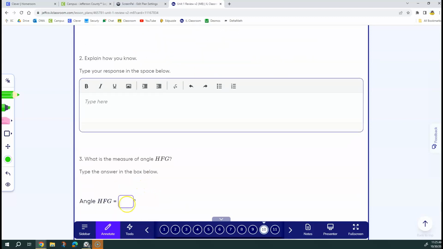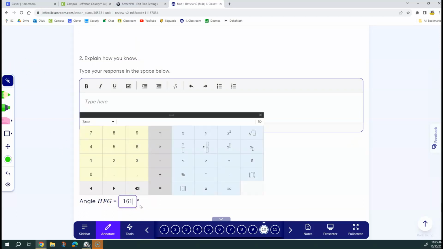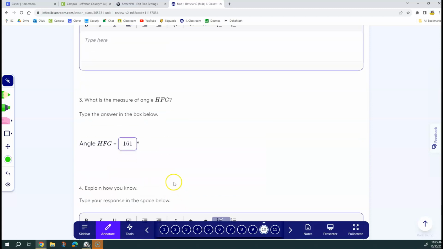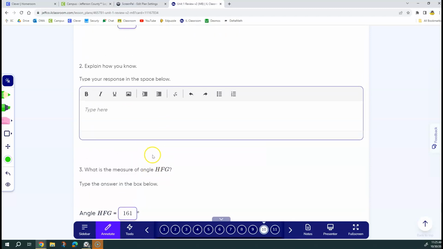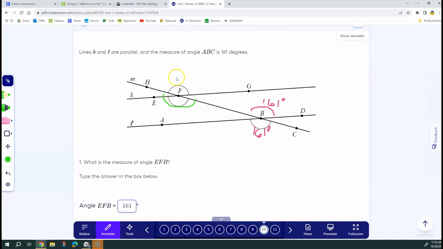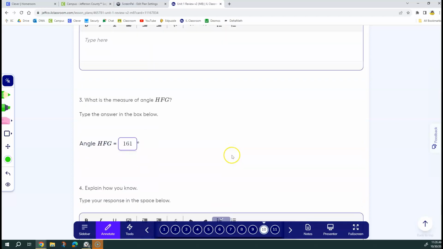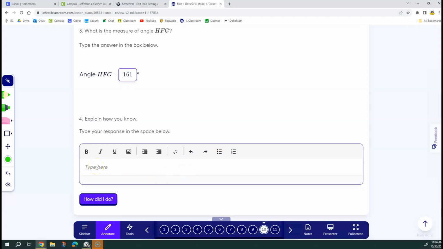So H, F, G also measures 161 degrees. For explain how you know, there is another way to get to that 161 degrees. I used the vertical angles method. Maybe you used something different, and that's fine. That's why I'm not going to type that in there, because there are different ways.